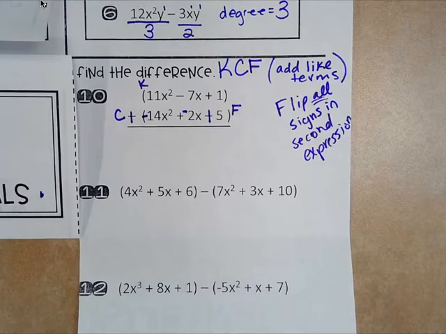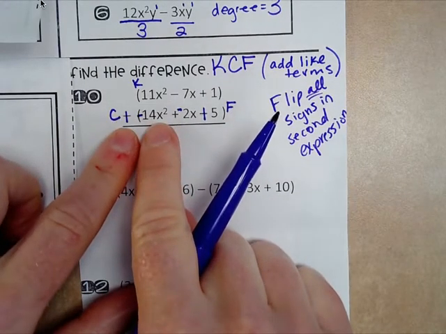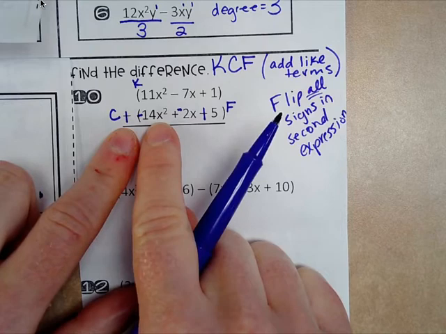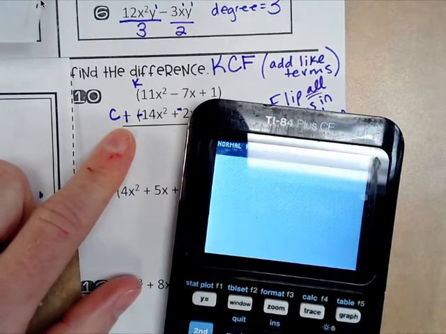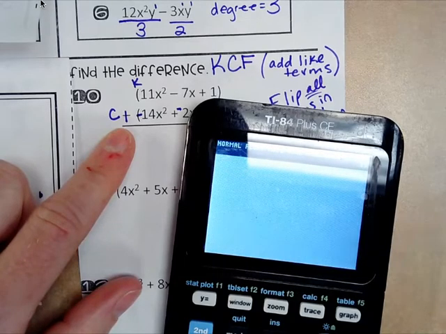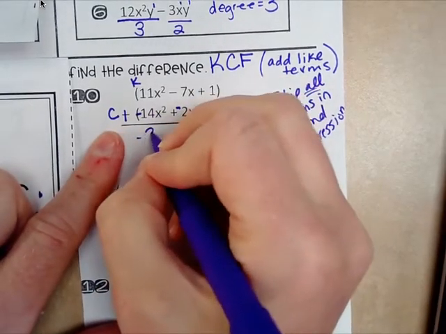Okay, so we have 11x squared negative 14x squared. So use your calculator if you need to. Negative 11, no, it's positive 11 minus 14. Negative 3x squared.